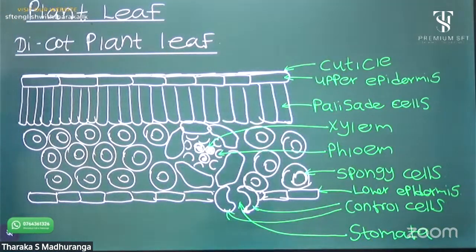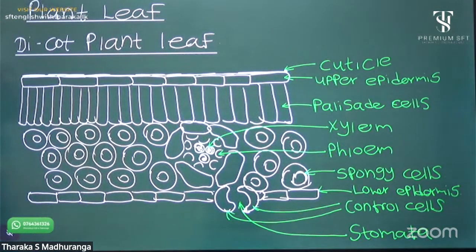This is a dicotyledon plant leaf structure. Dicotyledon leaves, leaf structure. Complete.